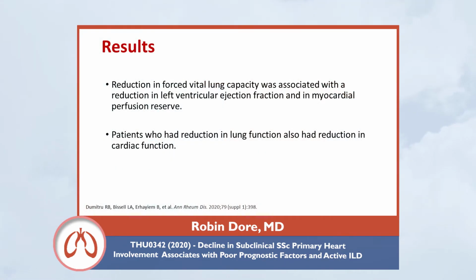And what was found was that a reduction in forced vital capacity and total lung capacity was associated with a reduction in left ventricular ejection fraction and also in the myocardial perfusion reserve. So those patients who had a reduction in their lung function also had a reduction in their cardiac function.